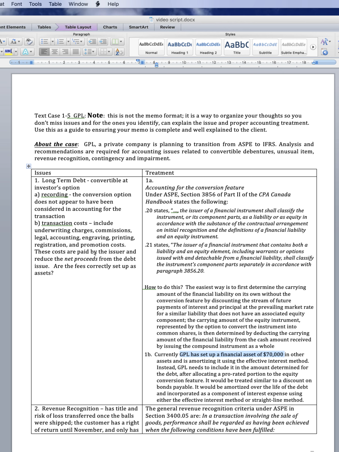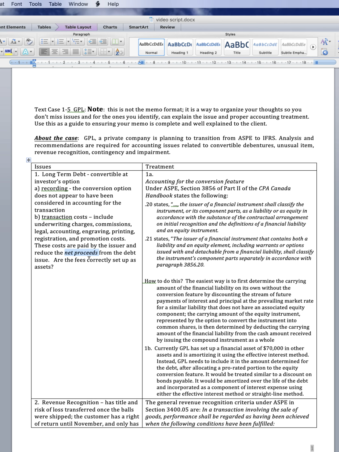What they're supposed to do is, these costs are being paid by the issuer, which is GPL, and it has to reduce the net proceeds, or the cash that they received when they issued this convertible bond, right? We have to debit that. So it's going to reduce the proceeds, the debit to cash, by the amount of the transaction costs.